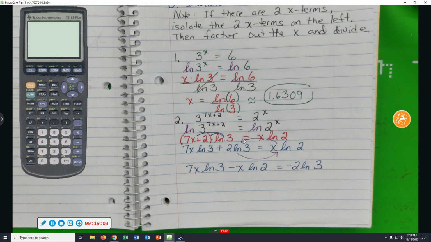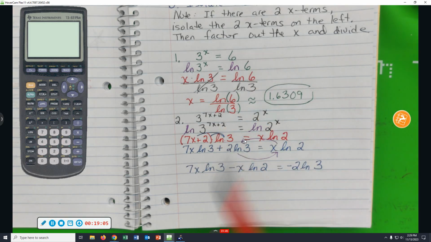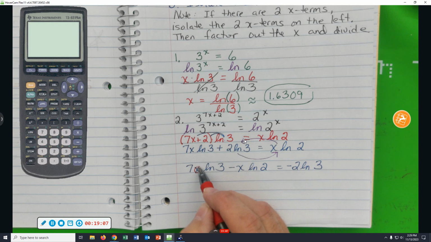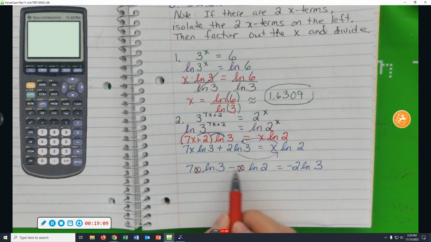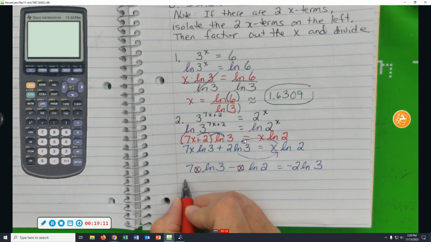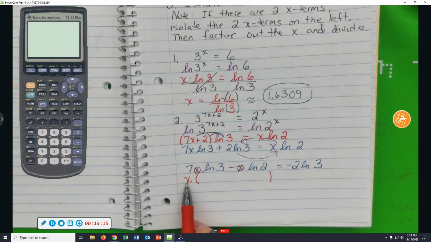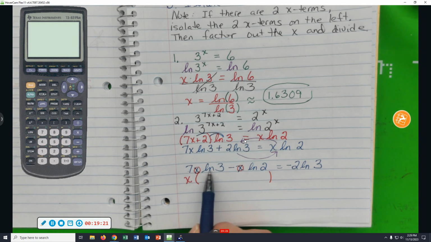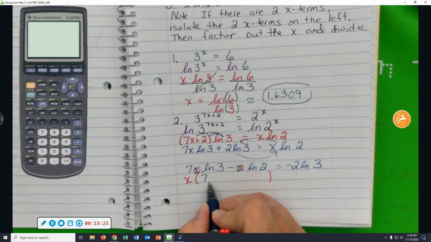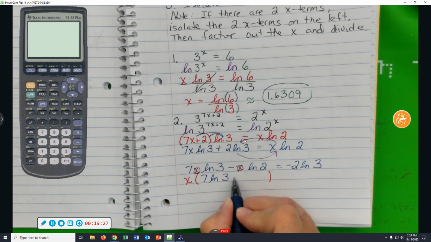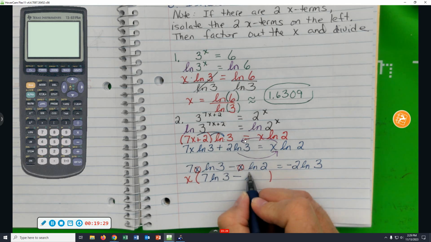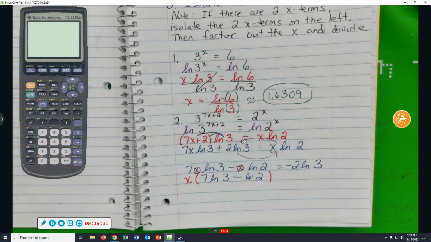And now we're going to factor out the x. Do you remember how to factor out a variable? There's an x in both of these terms. So I'll just write my x in parentheses. And then everything except the x's, that's what goes in this parentheses. 7 ln 3 minus ln 2.